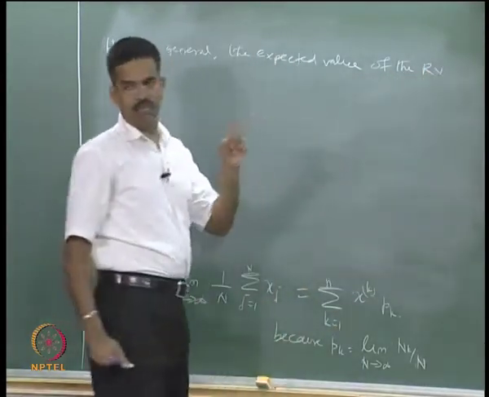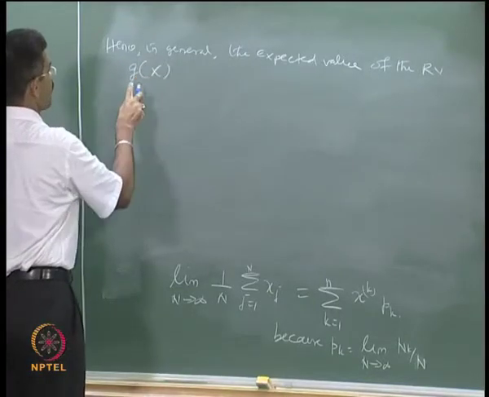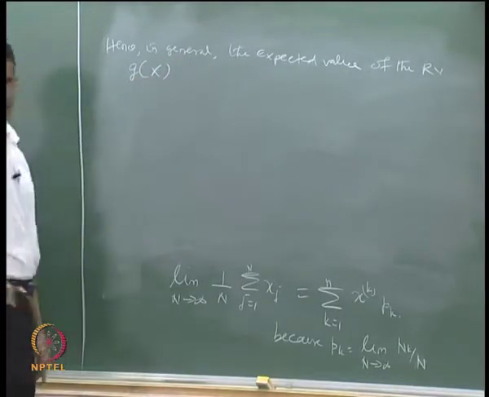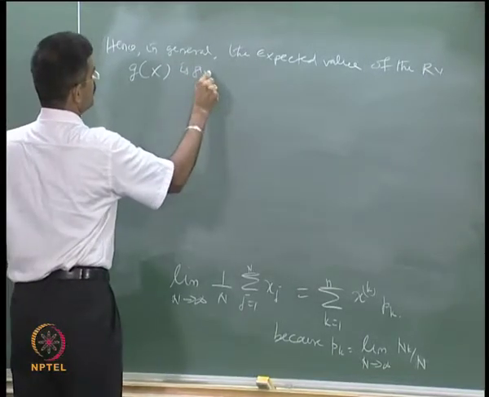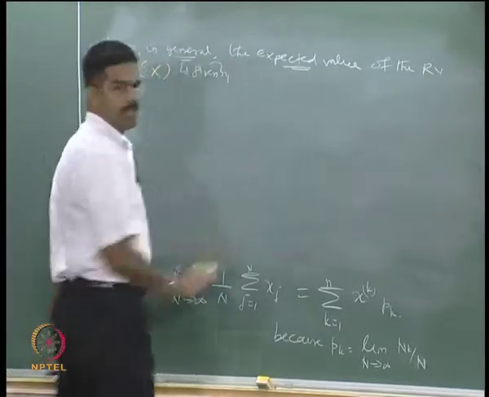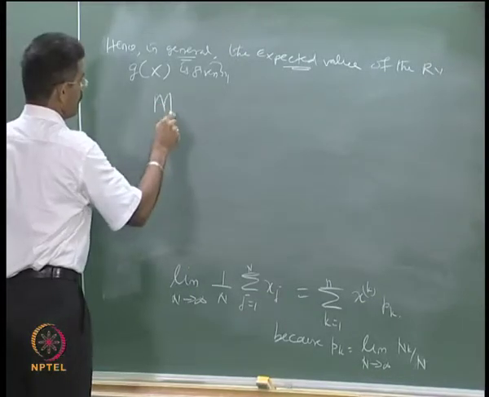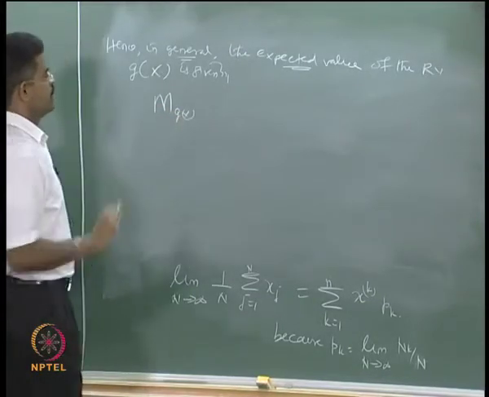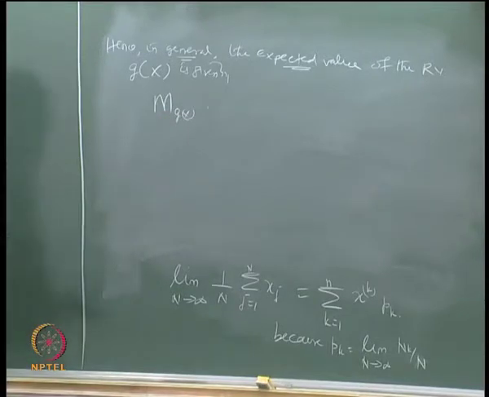I am using RV, random variable g of x. I am having a general form g of x, because I am looking for a general expression for the mean value, which I can say m of g of x. This is not capital M, this is small m, capital M is moment, okay.